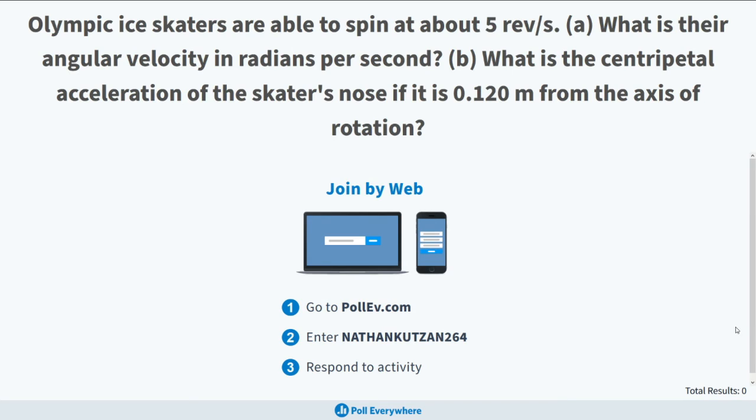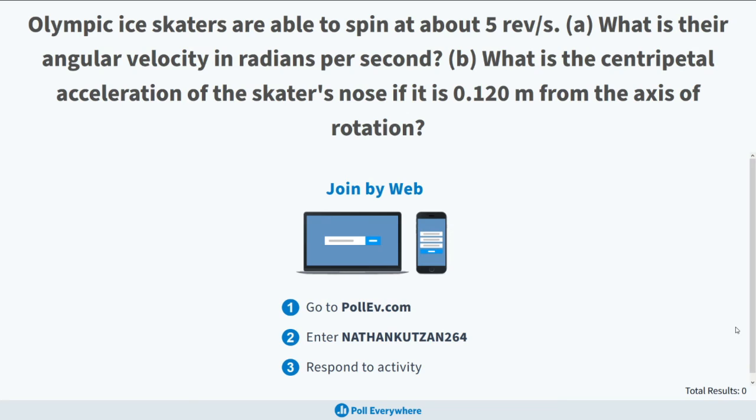Yes, this is a written one, but the answers are just numbers. For the first one, you just have to know a little bit about a circle. How many radians are in one circumference of a circle?